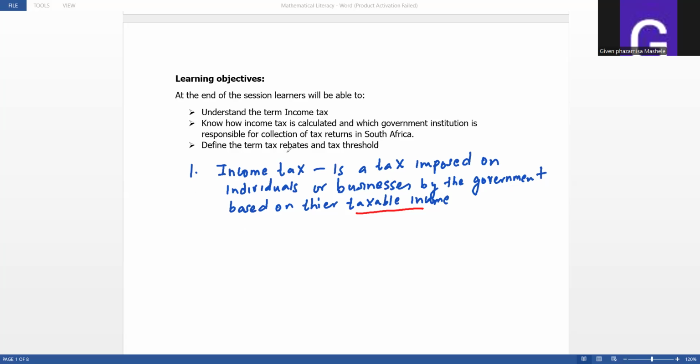And under this income tax, one must be able to know the government institution that is responsible for the collection of this income tax. The institution which is responsible for the collection of the income tax in South Africa is SARS, which is the South African Revenue Services.